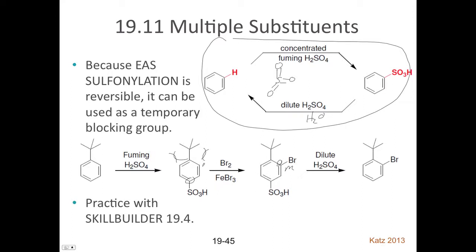So you have a meta director here and an ortho para director right here. The para is blocked because of the sulfonate. So now you have the ortho meta substituted bromo species here. So now once you get that, you can just jettison this guy here by using dilute sulfuric acid, giving you your overall product right there.